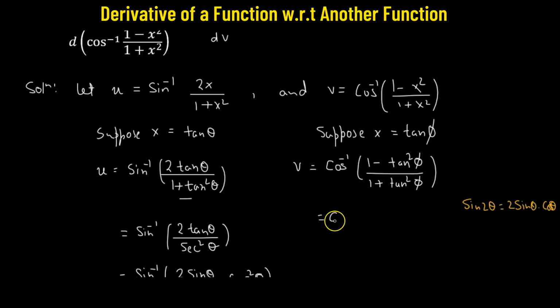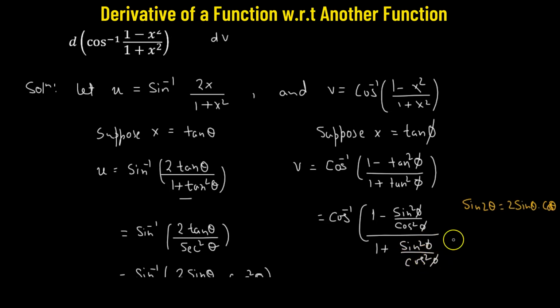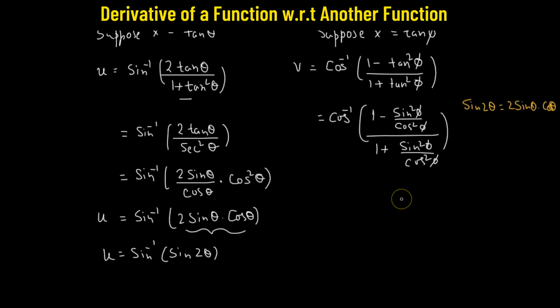Now we can convert tangent to its ratio, sine over cosine. So this gives us (1 minus sine squared phi divided by cosine squared phi) whole divided by (1 plus sine squared phi divided by cosine squared phi). Right. Now we'll simplify the numerator and the denominator. That means we'll multiply the numerator with cosine squared phi and then multiply the denominator with cosine squared phi as well.